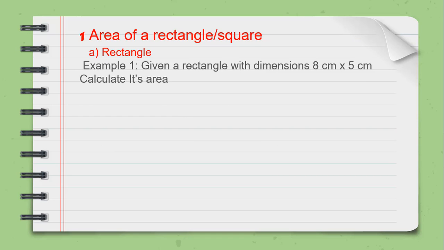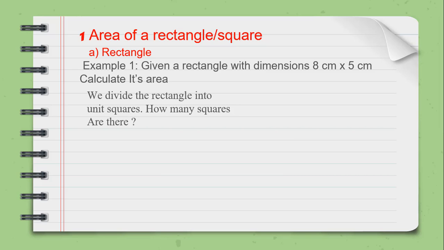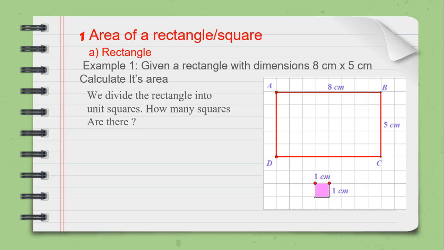Example 1. Given a rectangle with dimensions 8 centimeters by 5 centimeters, calculate its area. To do this, we'll divide the rectangle into unit squares. So how many squares will we have? Let's see the figure here. There are 8 squares in a row and 5 squares in a column.